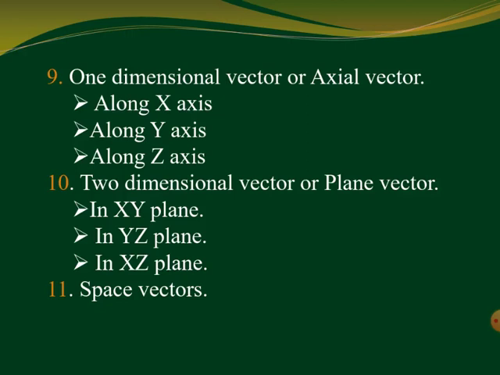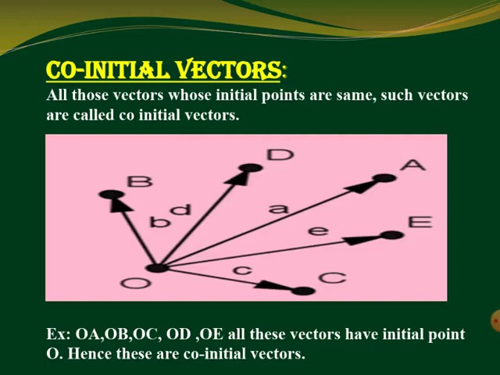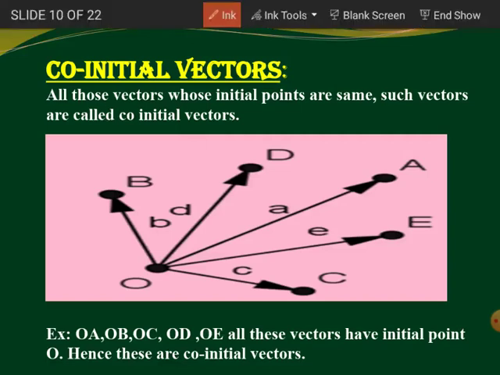Space vectors mean three-dimensional vectors, along the x, y and z axes. So as I told you about co-initial vectors, those vectors whose initial point is at the same point, we call it a co-initial point.